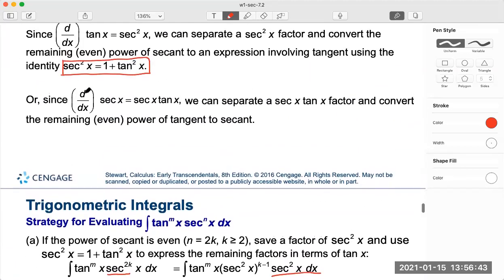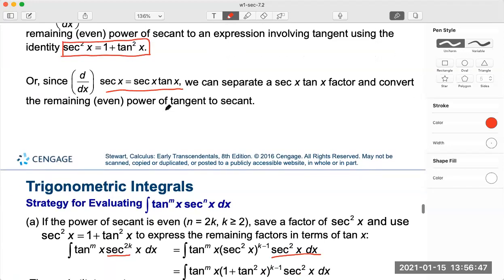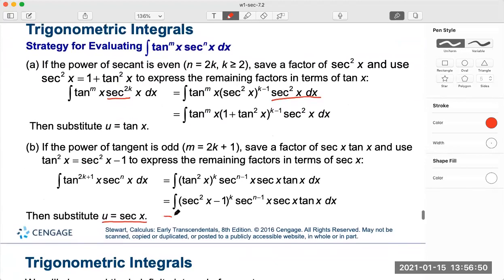Secant x tan x dx, right? Subbing in secant x instead of secant, yes, this guy will be replaced by du, right?